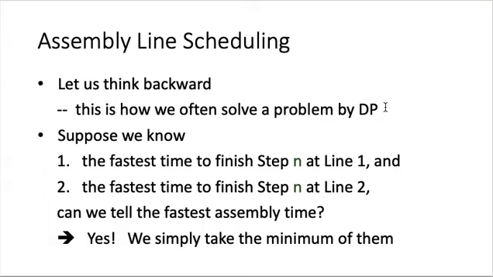And dynamic programming usually requires a problem that can be solved by using recursion. So if this is the case, then it is better for us to think backward. And this is usually how we often solve a problem by using this DP technique. Okay, so what is meant by thinking backward?